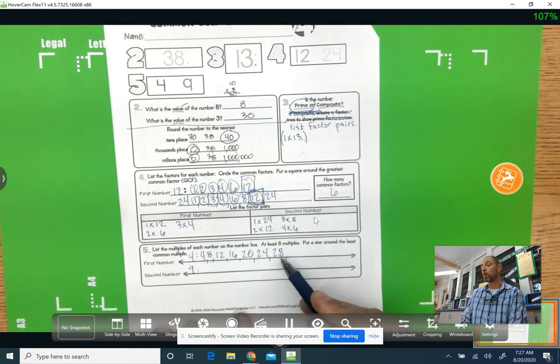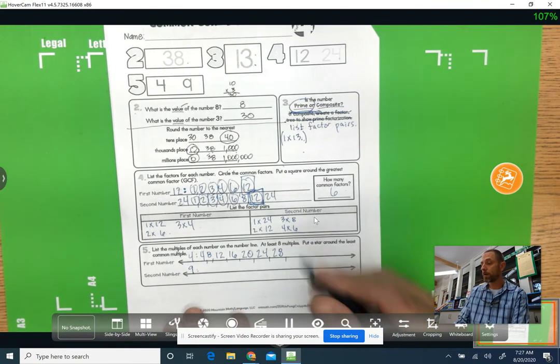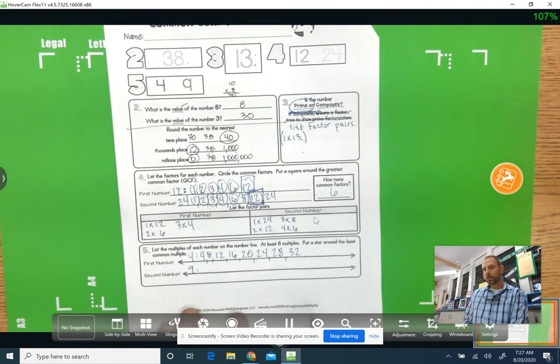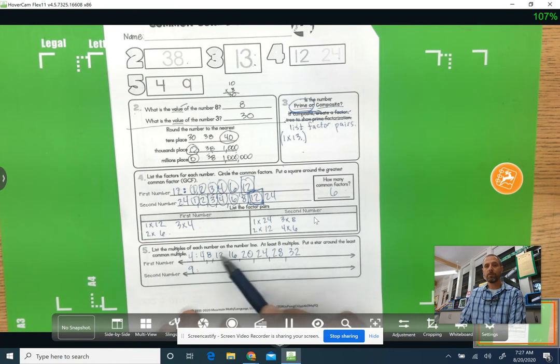So I know I'm at 4 times 7 because I know 4 times 7 is 28. 4 times 8 would be 32. And look at this next direction. At least 8 multiples, okay? And because I landed on 32 from skip counting by 4s, I know I just listed 8 because 4 times 8 is 32.